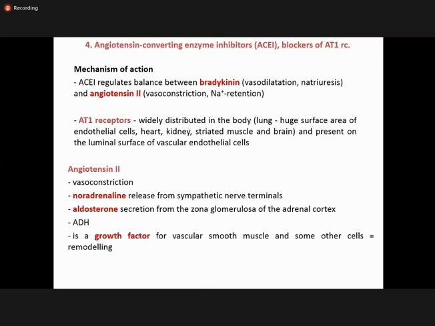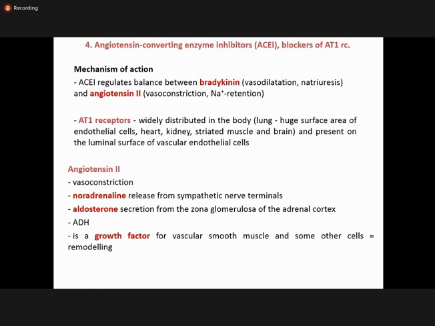Because when there is decreased blood pressure, in response to it the renin angiotensin aldosterone system is activated. Okay? Angiotensin acts on angiotensin 1 receptor, widely distributed in the body: lung tissue, surface of endothelial cells, heart, kidney, striated muscles, and brain, and present on the luminal surface of vascular endothelial cells.